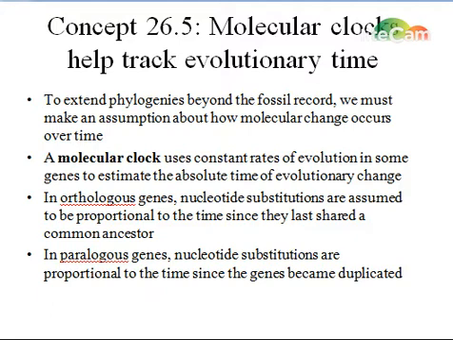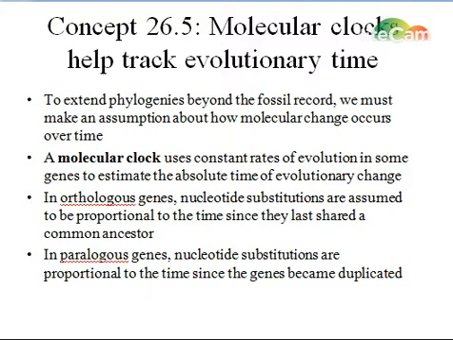So this brings up the terms that we introduced earlier: the orthologous genes, which have nucleotide substitutions proportional to the time since they last shared a common ancestor, and the paralogous genes, which have nucleotide substitutions proportional to the time since the genes became duplicated.